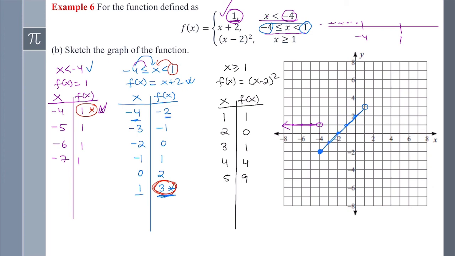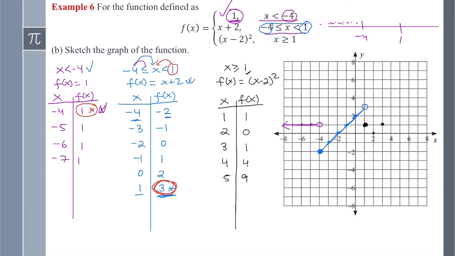Now for the last one, when x is 1, it is 1. So let me use black. x is 1, the value of the function is 1 right here, and I put a solid dot because 1 is included in that interval. When x is 2, it is 0 right here. When x is 3, it's back to 1.